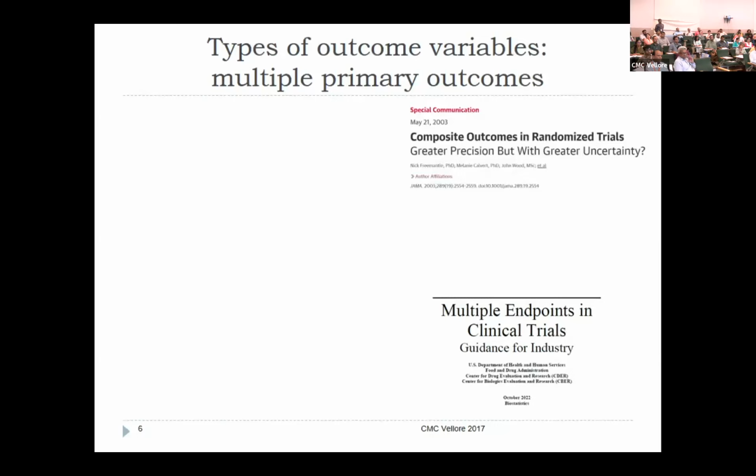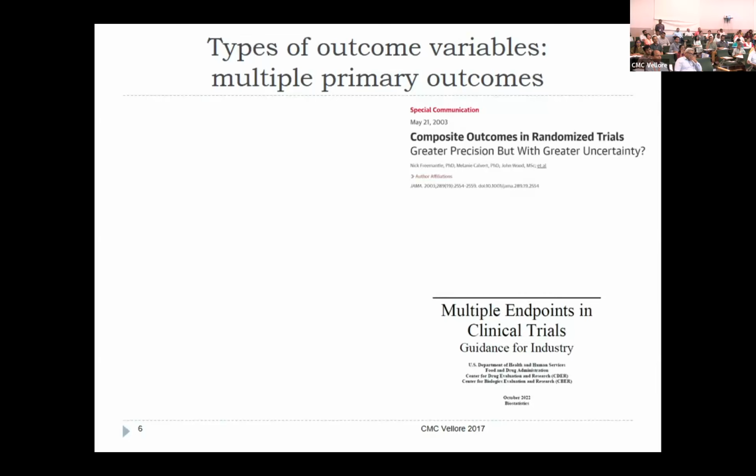They finally finalized it. I had the previous draft from 2016, and it is how to deal with multiple endpoints in clinical trials. You can really download this from the US FDA website and read this, how to handle the multiple outcomes.